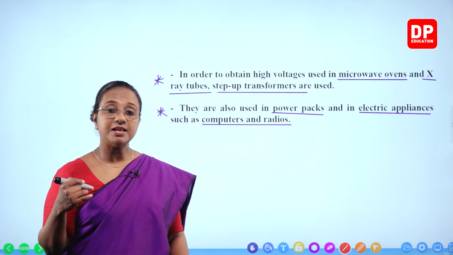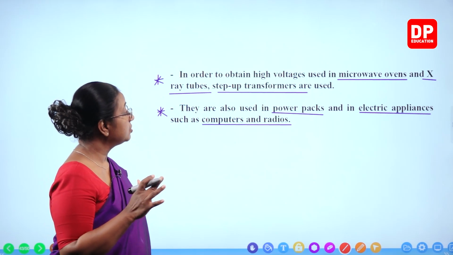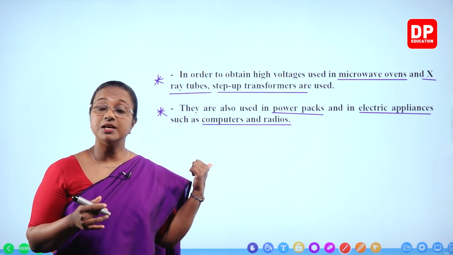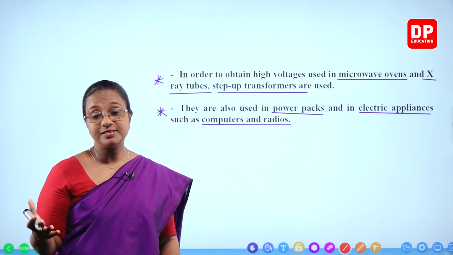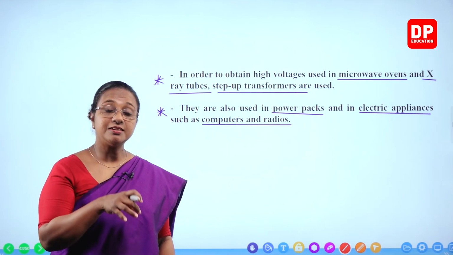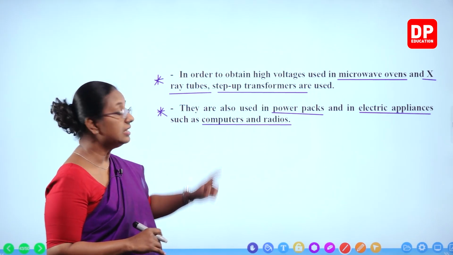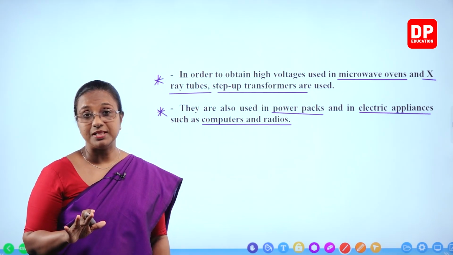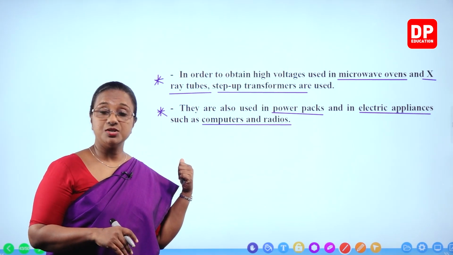Computers and radios also use transformers, and you all know they also use alternating current to direct current rectifiers as well. So there is the transformer and the rectifier, everything included in a power pack. You can remember that. So these are all applications of transformers.